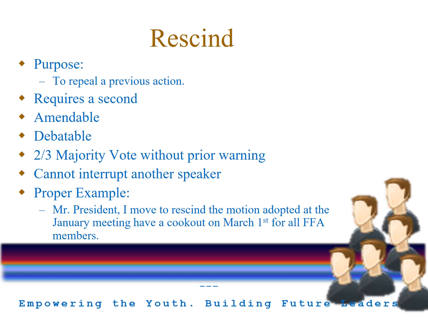However, a member cannot interrupt another speaker. How should we do this one? Simply have the attention of the chair to be recognized and then state the motion. I move to rescind the motion adopted at the January meeting to have a cookout on March 1st for all FFA members.